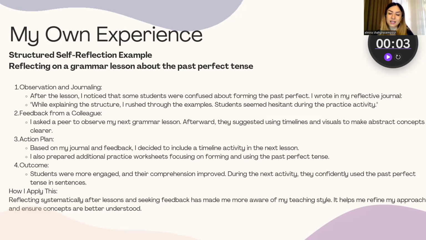And during the next activity, they used the past perfect tense more confidently. I used systematic reflection after the lesson and sought feedback that made me more aware of my teaching style. And I try to make it refined and do it better the next times.